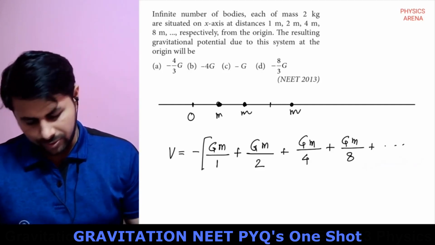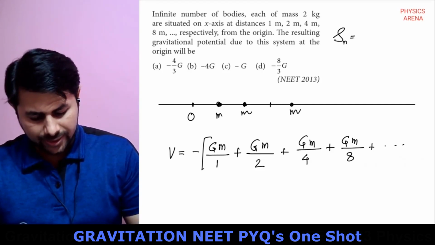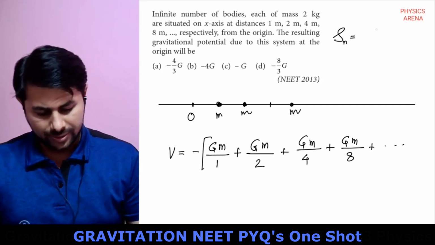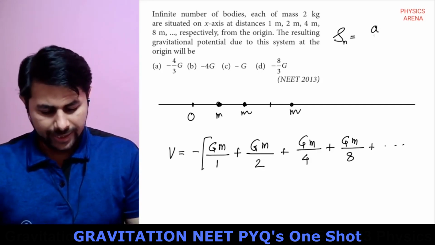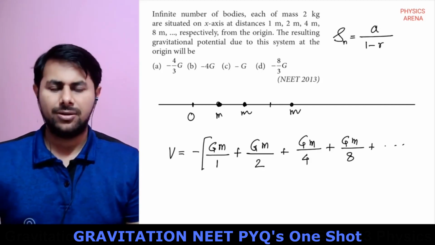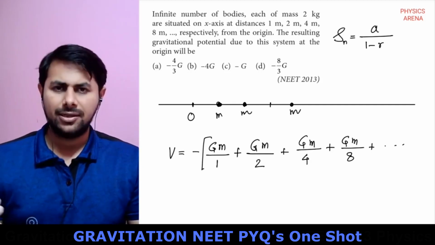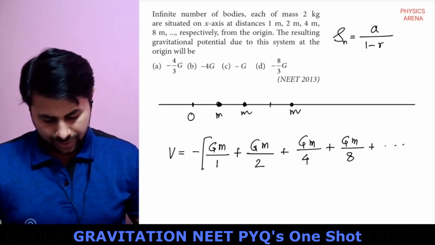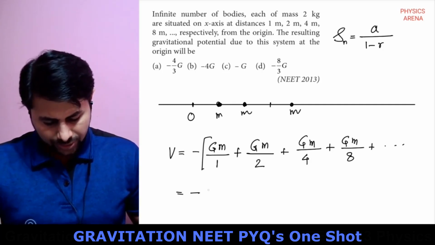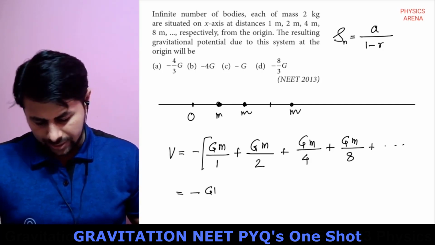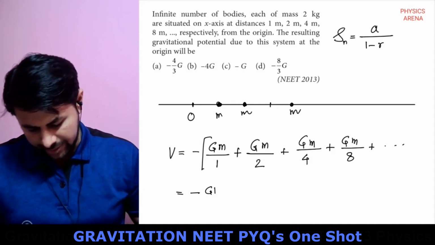Okay. So what is the sum of a geometric series? It is a divided by 1 minus r. a is the first term, right? And r is the ratio. So it is equal to minus of gm, we can say. How much is m? m is 2 kg.